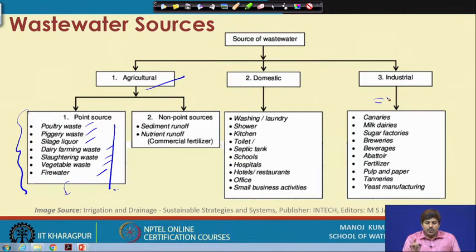So, that is one sector, agricultural wastewater. Then there is another type, which is domestic wastewater. Now, domestic wastewater is the wastewater generated out of domestic activities. So, there is washing or laundry, shower, kitchen, toilet, septic tanks.